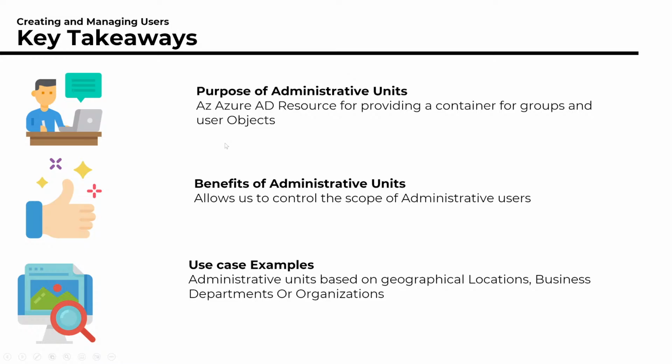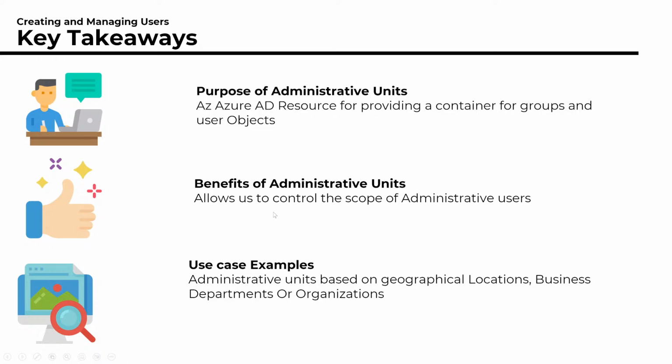So what are the key concepts in administrative units? First, we will see what the purpose of an administrative unit is. The purpose of an administrative unit is to manage the Azure AD resources, providing a container for groups and user objects. Container in the sense that it's an entity which manages the groups and the users, and it allows us to control the scope for admin users.